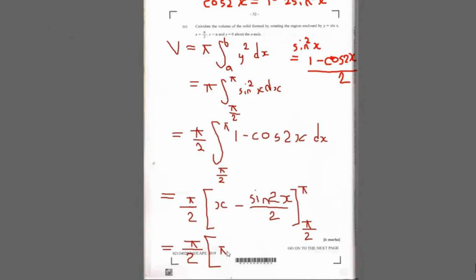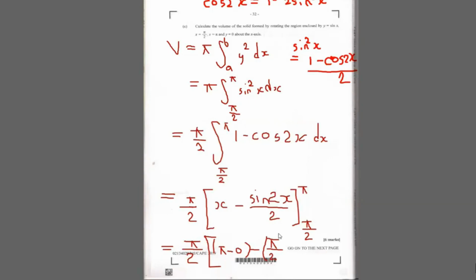Minus, when we plug in pi by 2, we get pi by 2 minus the sine of 2 times pi by 2, which is pi, and the sine of pi is also 0.